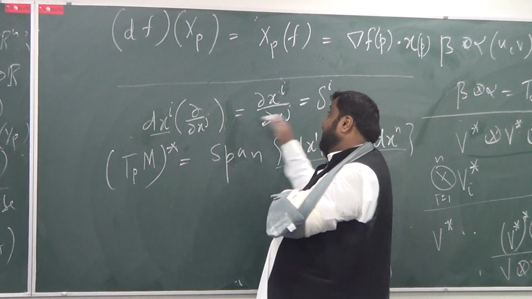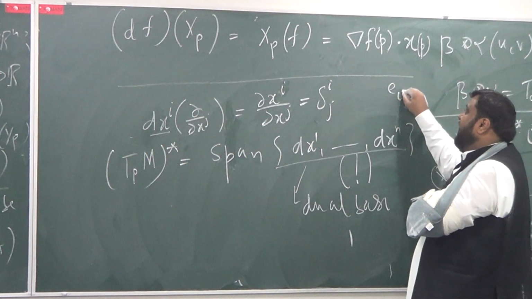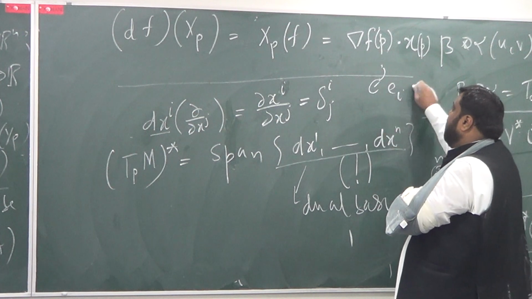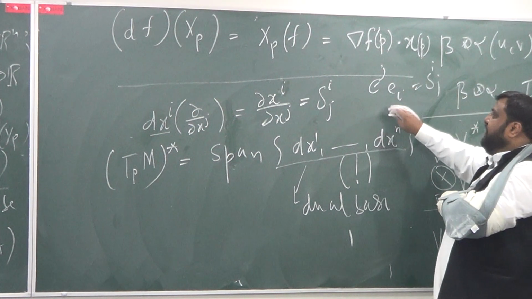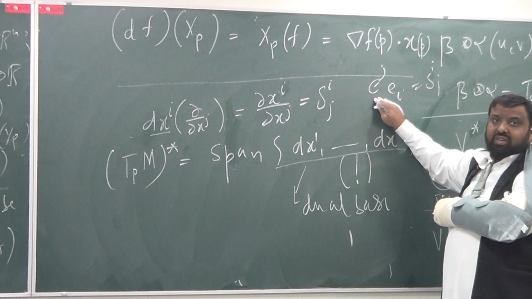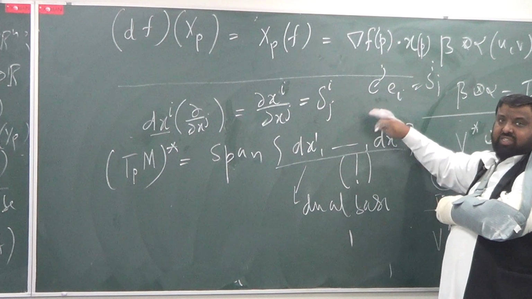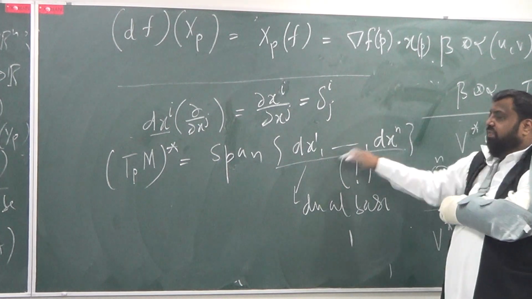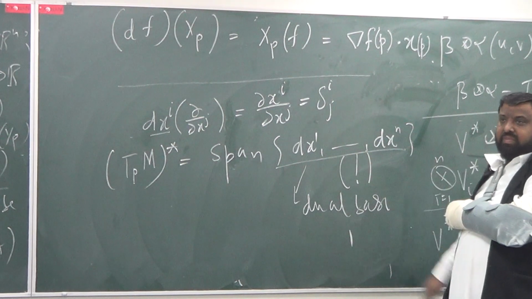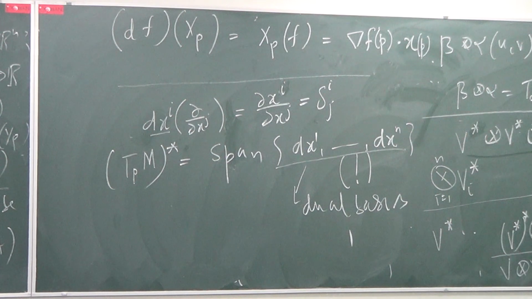Because if you have a basis satisfying such a relationship, what was the relationship between ei and epsilon j? It was delta ij. Then we say these epsilon i's are a dual basis to V star of this basis. So these differentials of coordinate maps are the dual basis for the cotangent space at a point. Are you getting the point?